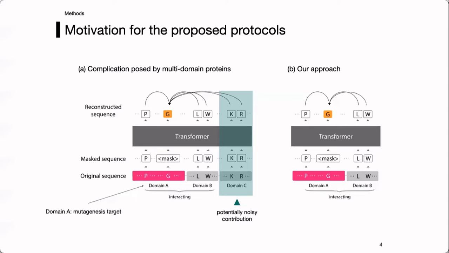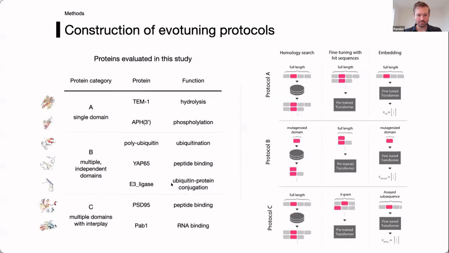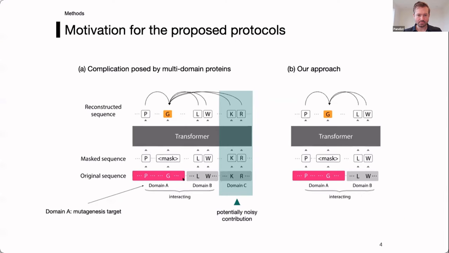Naive masked language modeling for the full-length protein can include potentially noisy contributions from the domain C. So our approach is to focus our attention on the most relevant parts, explicitly considering a multi-domain arrangement called domain architecture in a sequence. This is very simple but effective, as shown later.